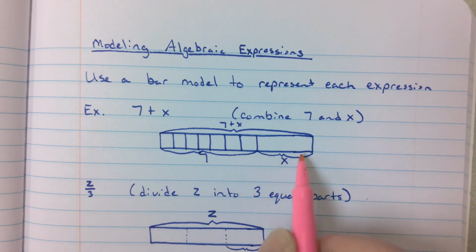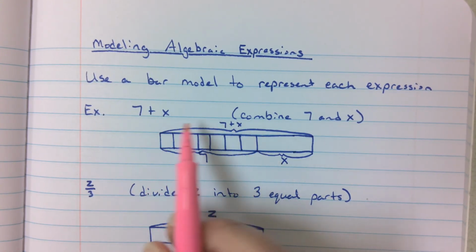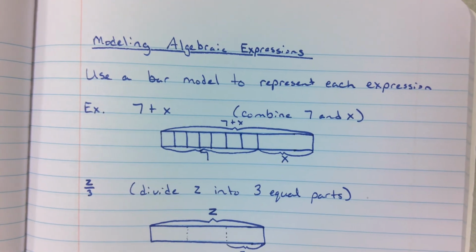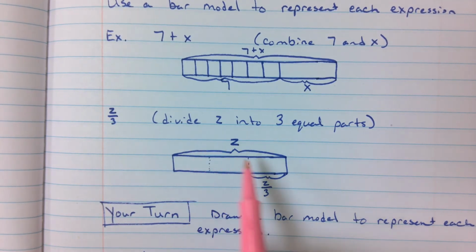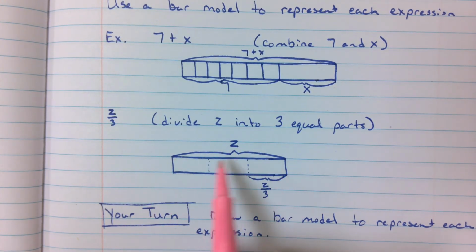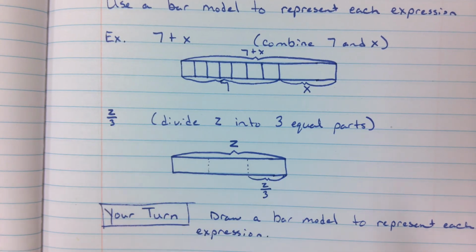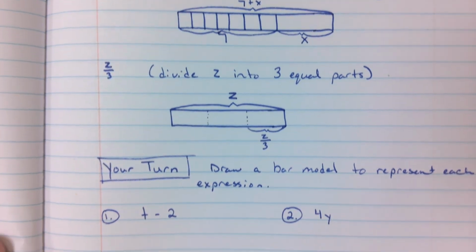I know that. I don't know what x is. So 7 plus x, my 7 constant, and my unknown x. Here we have z divided by 3. We're going to take z, which is my whole bar model, and I'm going to divide it into 3 equal parts because it's divided by 3. So that's how you would do that one.